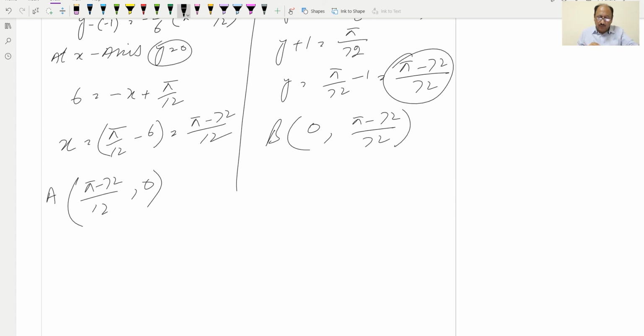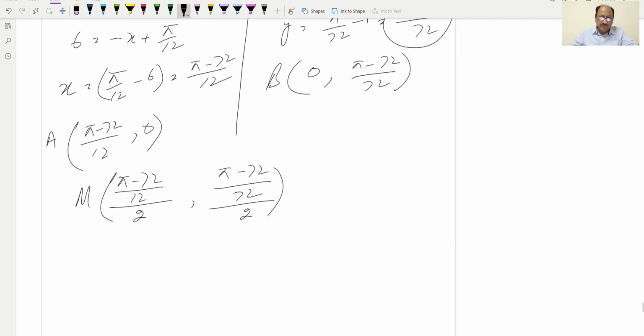Now for the midpoint, they are saying the midpoint of AB. So the midpoint will be pi minus 72 over 12, plus 0 will remain the same, divided by 2, and the second value will be the y value, pi minus 72 over 72, divided by 2.